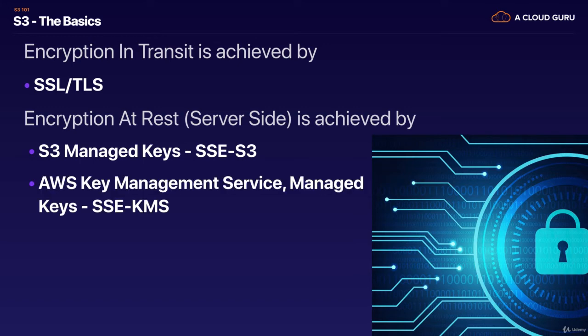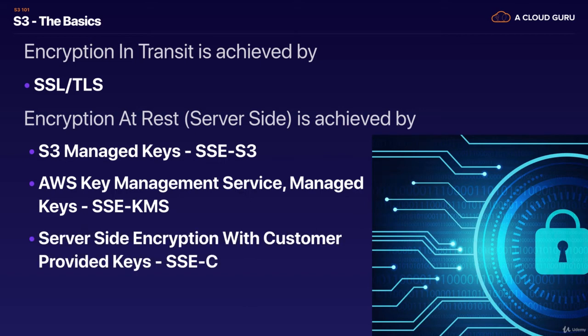We then have AWS Key Management Service. This is where you and Amazon manage the keys together, and this is called server-side encryption with KMS managed keys. Then we have server-side encryption with customer-provided keys. This is where you give Amazon your own keys that you manage, and you can encrypt your S3 objects that way as well. And then you can encrypt the object yourself on the client side.